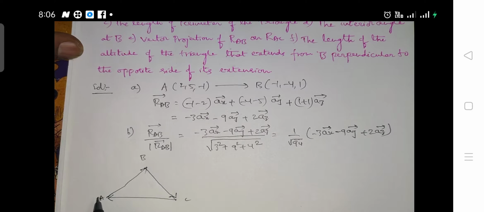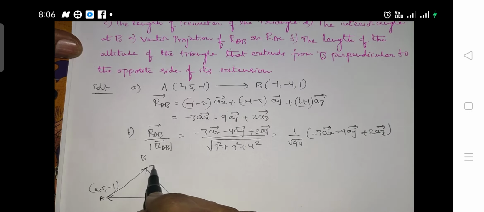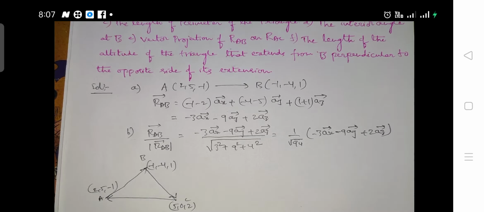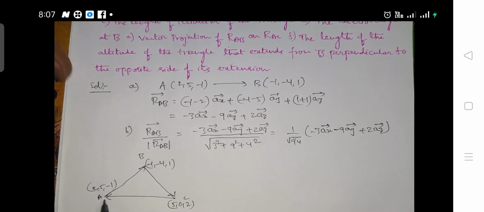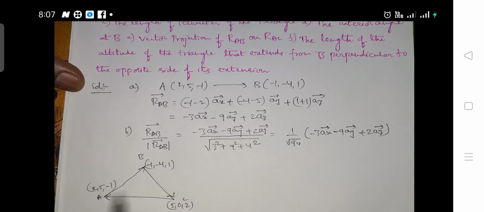Point A is (2, 5, -1), B is (-1, -4, 1), and C is (5, 0, 2). The perimeter of this triangle is nothing but the sum of the lengths of these three vectors. Means we need to find the magnitudes of RAB, RBC and RCA, and add them in order to get the perimeter of this triangle. This is the answer for C.